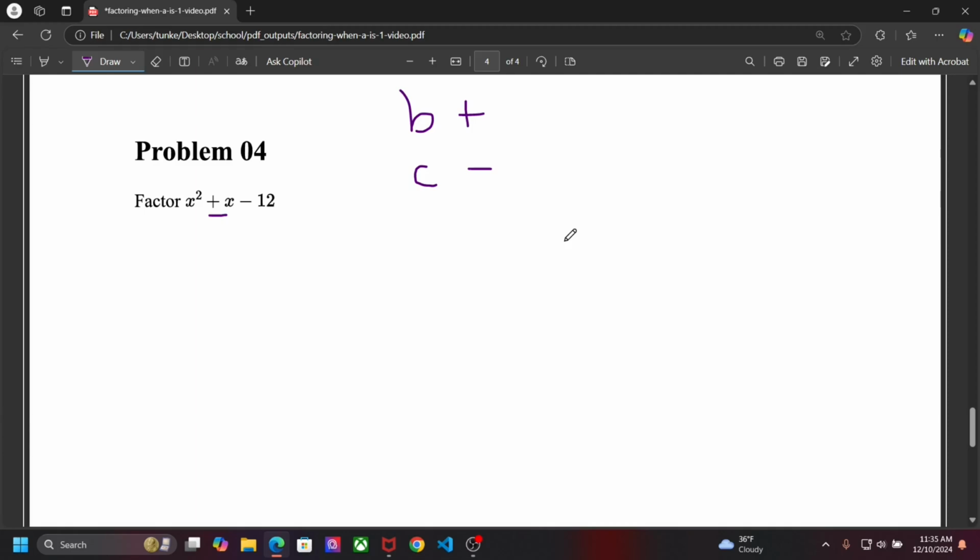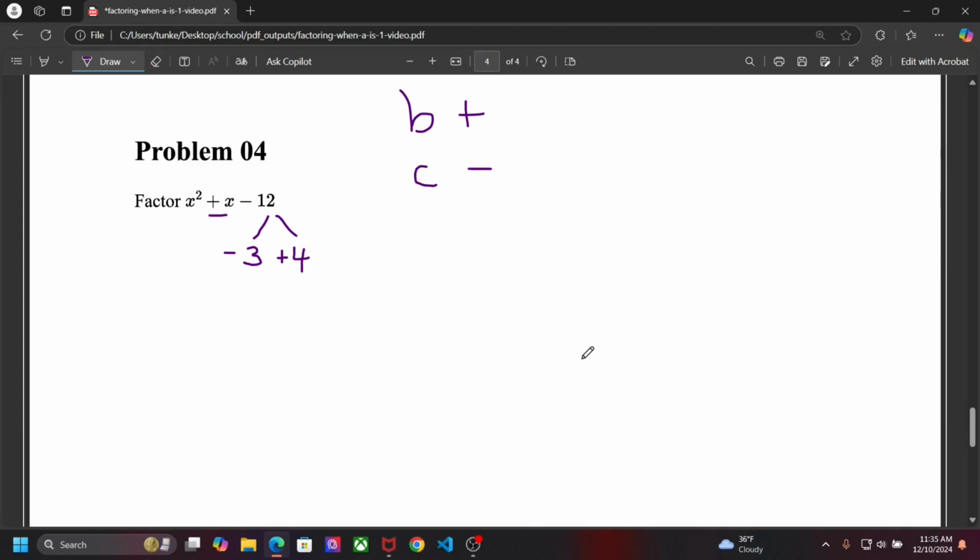Well, in this case, absolute value greater by 1 than the negative, because we've got to get that +1 when we add them together. So in this case, if we took -3 and multiplied by +4, we would get -12, and if we added these, -3 plus 4, we're going to get +1.